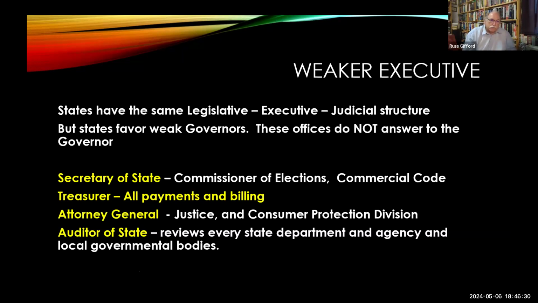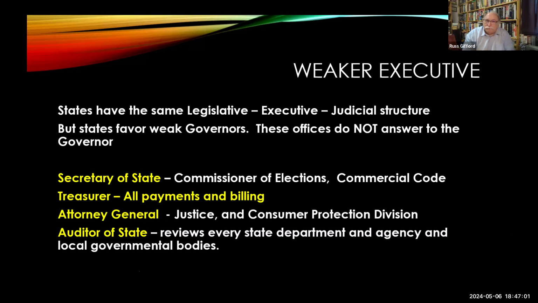The treasurer, the person who's paying the bills and getting the money, not under the power of the executive. The attorney general, the justice department in the states are not under the power of the governor. So in some ways, we can say this is a better structure. Now, all the other departments, then, those are all people appointed by the governor, and they answer to the governor. But, in this case, these are the things that are a key difference.